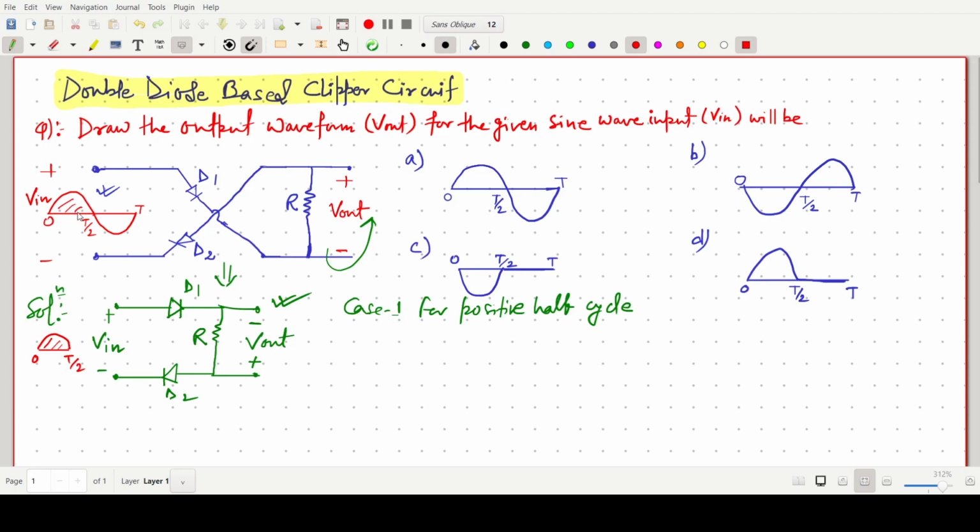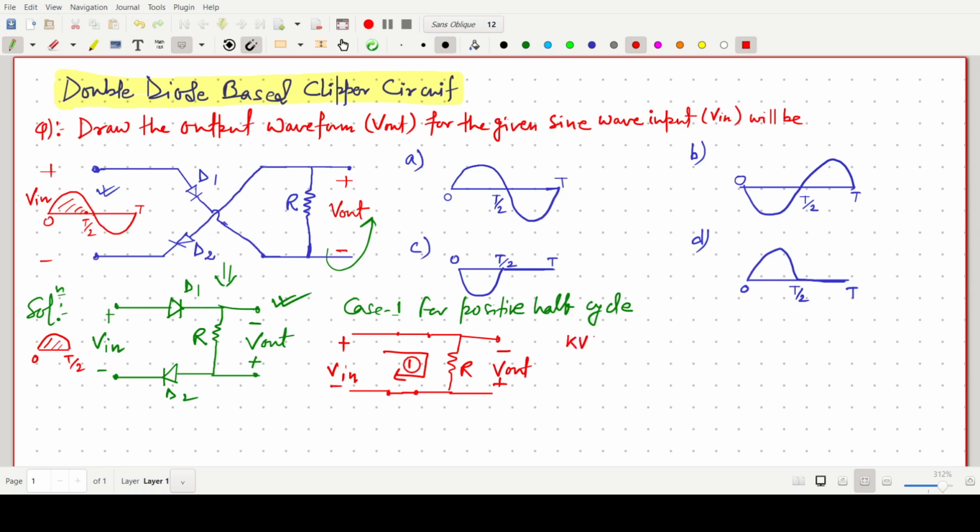This diode D1 becomes forward biased, and D2 becomes forward biased. So we can write this one with the short circuit, because this is the ideal one, R, and this should be our minus plus, and this one is our V output, and this one is simply plus of minus V in. Now we have to apply Kirchhoff's voltage law, KVL, in this loop.